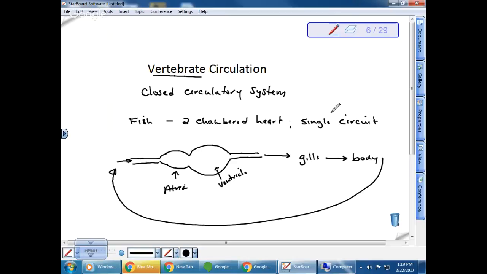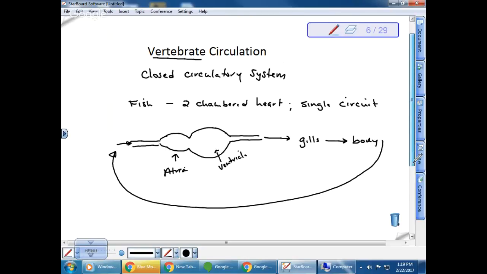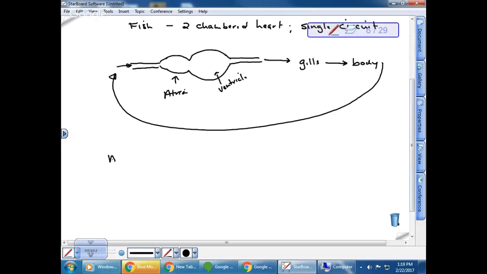Right? So if we look at the amphibians and the reptiles, they have a three-chambered heart. So in this case, they have two atria and one ventricle.